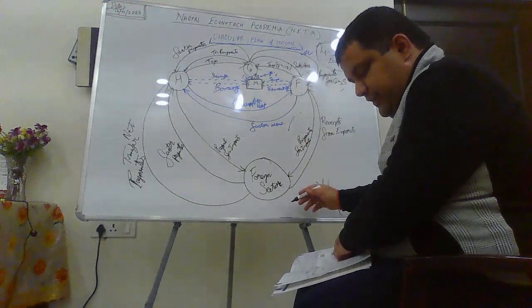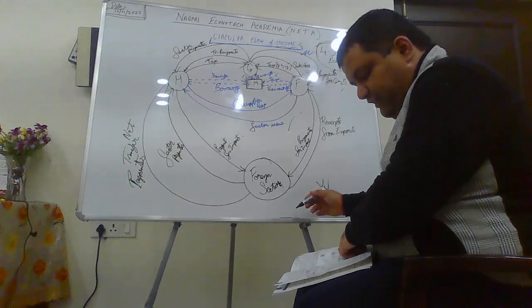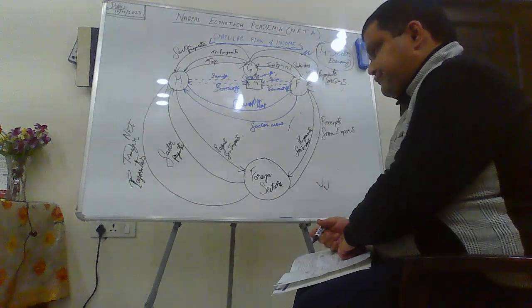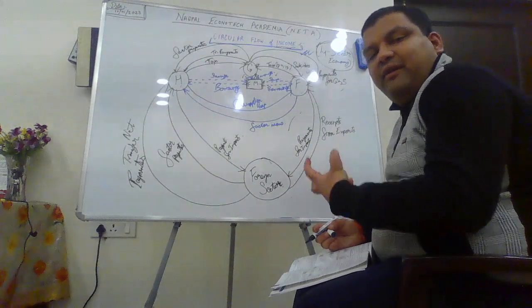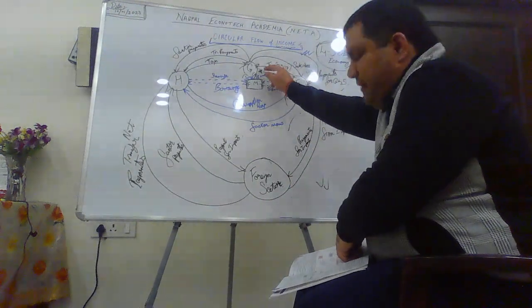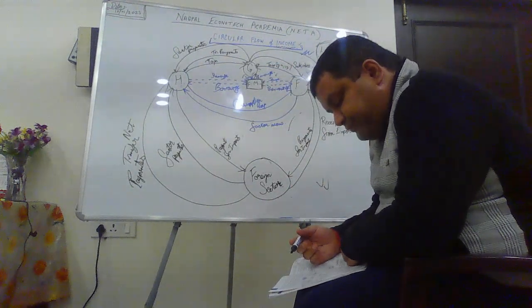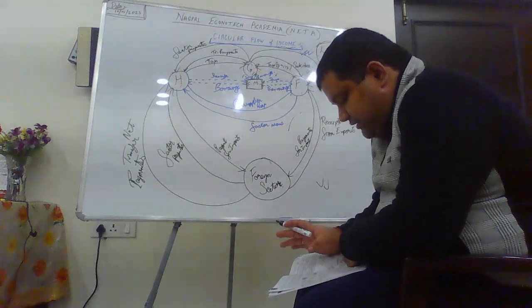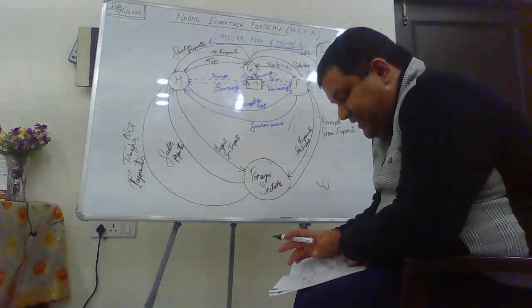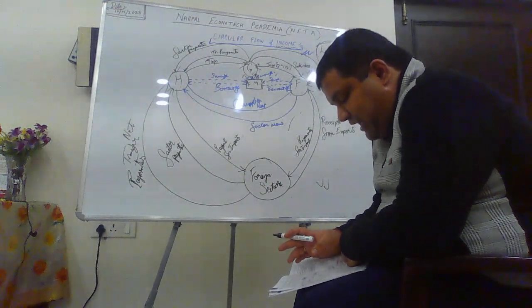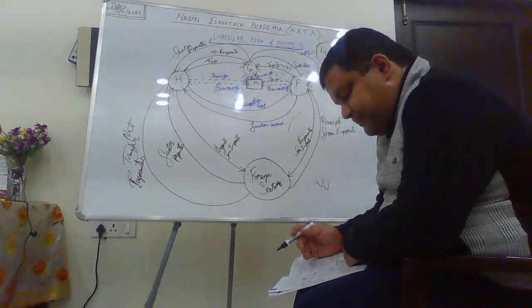Now we are moving towards the circular flow in a four-sector economy. And before that, I would like to emphasize certain roles played by the government in an economy. The government sector performs the following activities. Firstly, the government collects taxes from the households and firms, right?